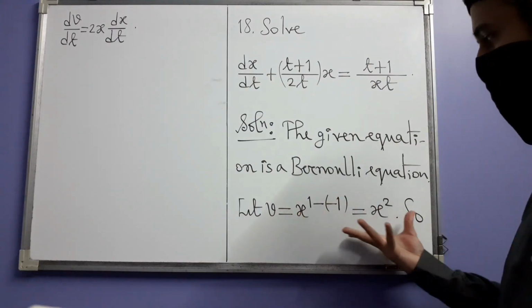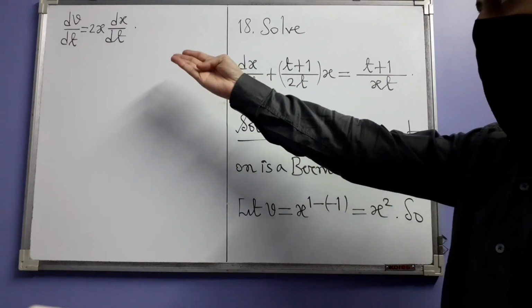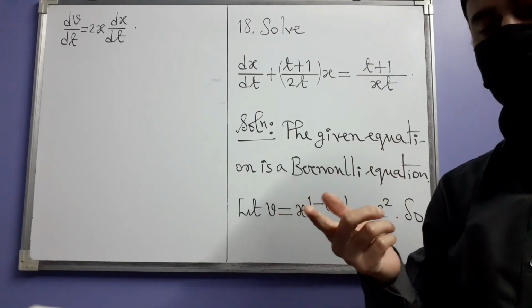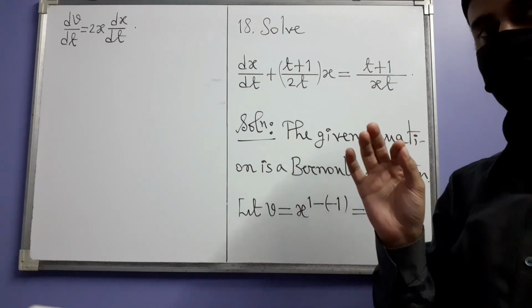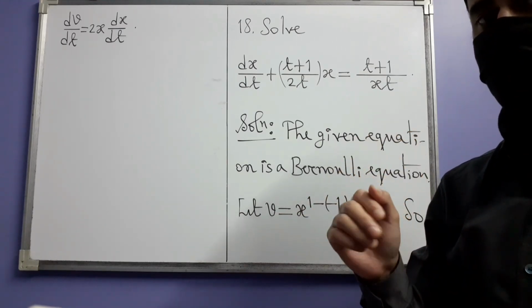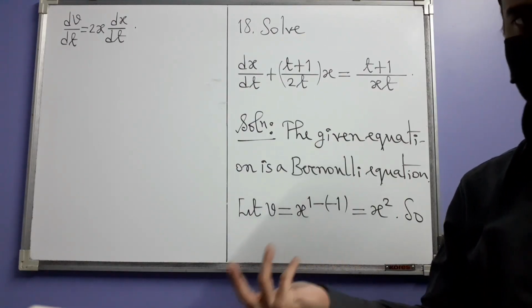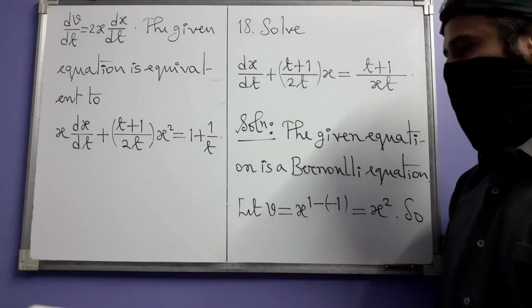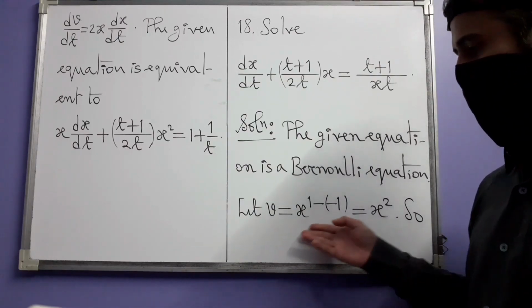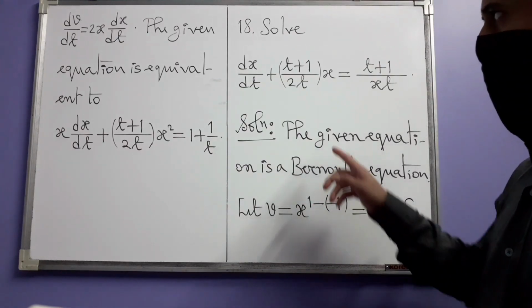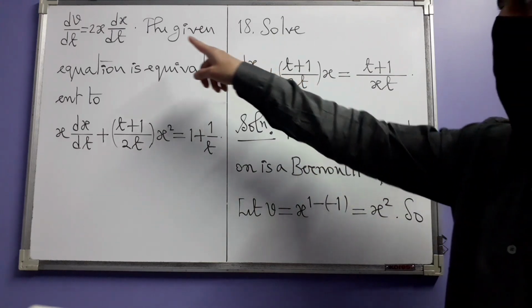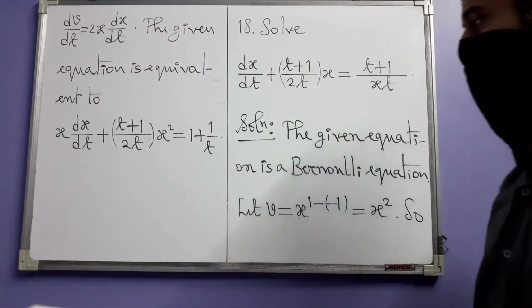Now using this transformation and this information, we are going to turn this equation into another one, which will have the dependent variable v, and the independent variable will remain t, and that will be linear. Before we can use this transformation though, let us first turn the given equation into a form where we can easily use this.